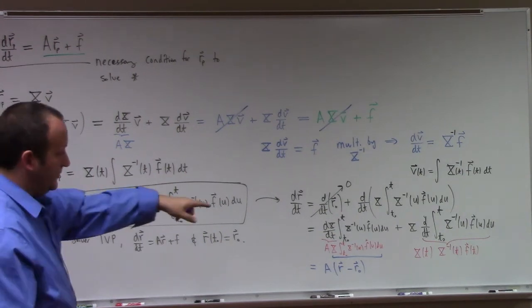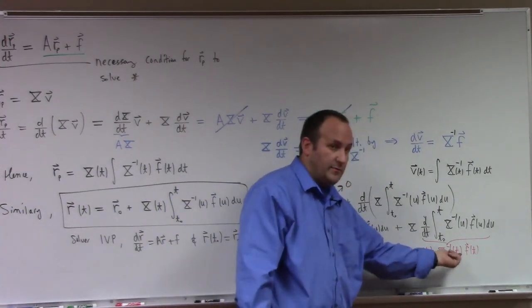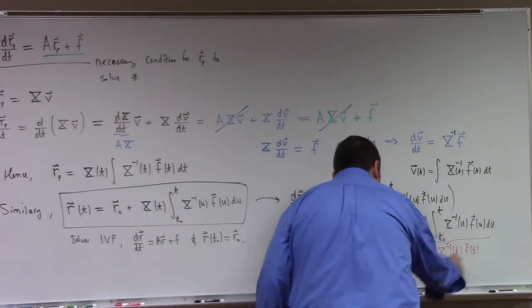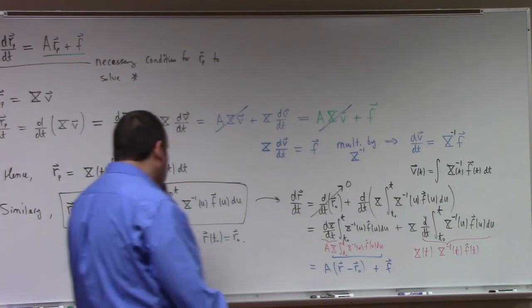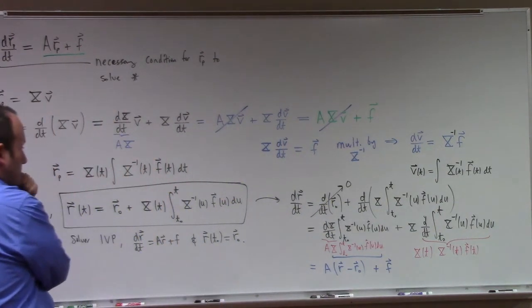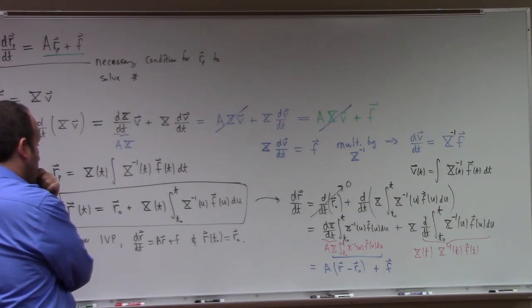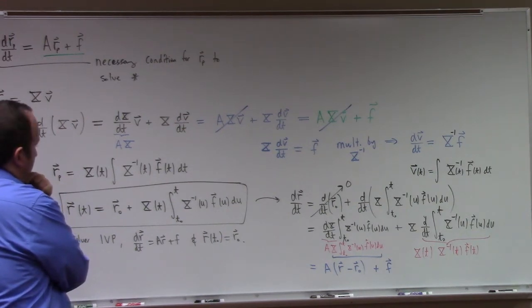And then on the other hand, what happens over here is your x of t and your x inverse of t cancel, and what we're left with is f. Now, I wanted it to equal ar plus f. I've got ar plus f.